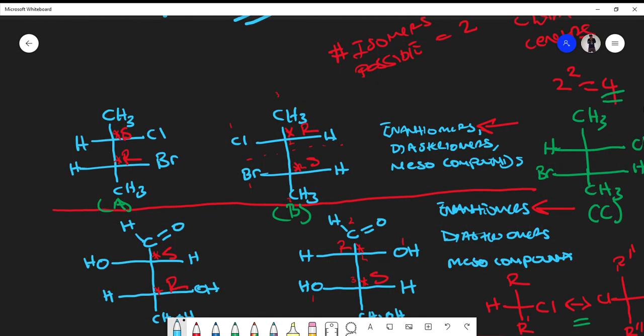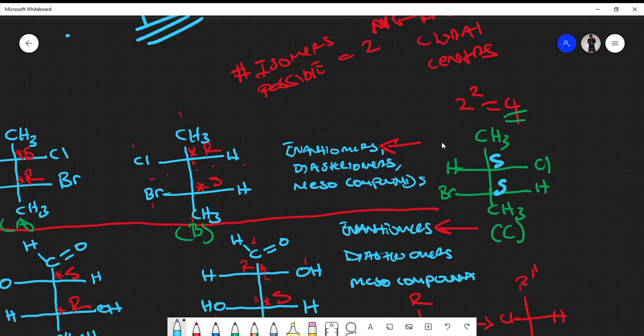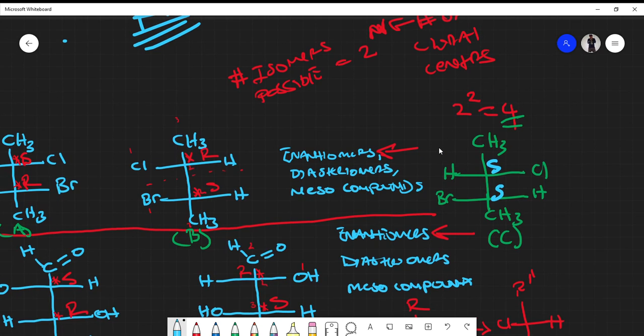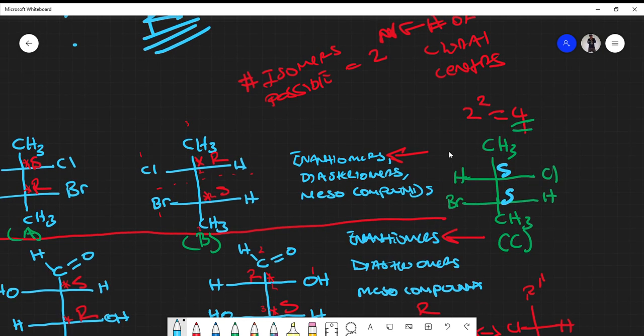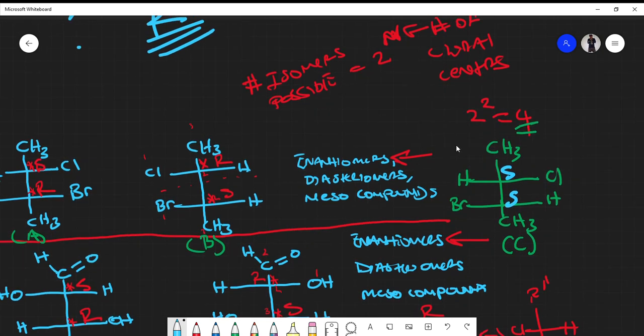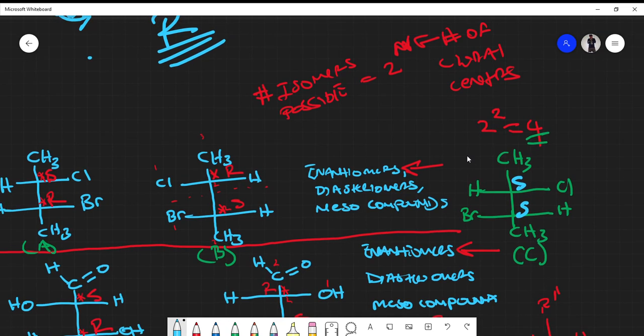So this is S, this hasn't changed, but we flip the bromine, so this becomes S. And the last one, I'm actually going to let you guys do on your own. Figure out the last one, put it in the comments, and if you figure it out, you should tell yourself you understand organic chemistry.